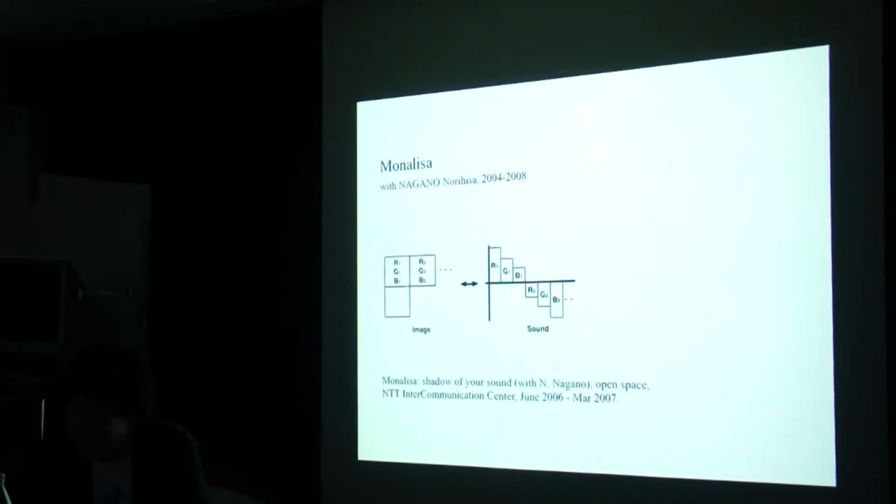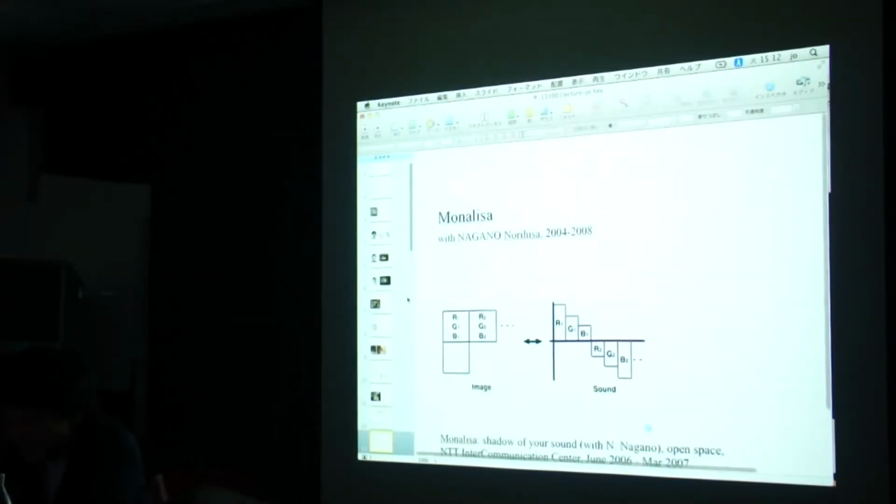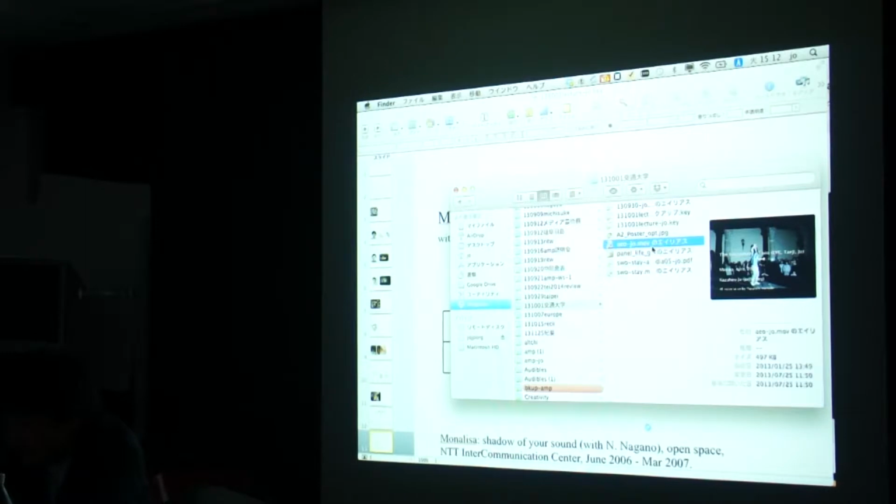If you're familiar with RGB or sound samples, you can easily understand. We just convert the RGB of each pixel to each sample of the sound, or vice versa, each sample of the sound to each pixel of the RGB. And with that program, we made an installation again in TTICC.